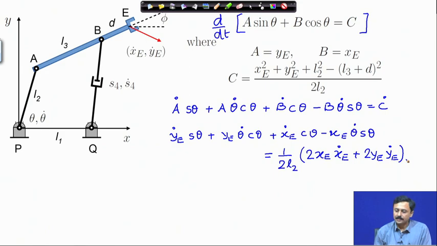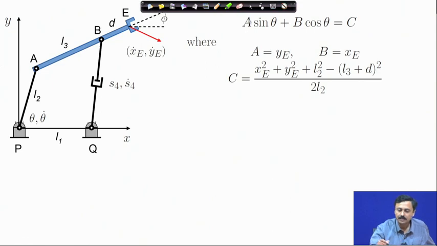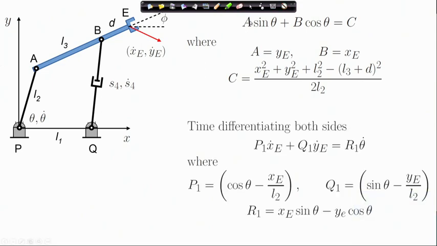Now I can collect terms of xe dot, ye dot and theta dot and write in a simplified form, which I will show you directly. So, I obtain a relation like this by collecting terms of xe dot, ye dot and theta dot.